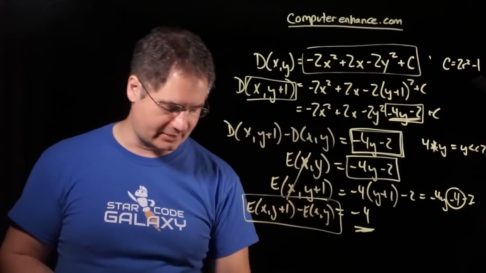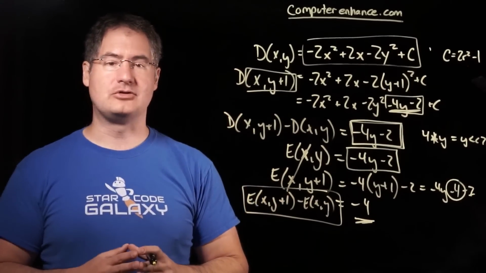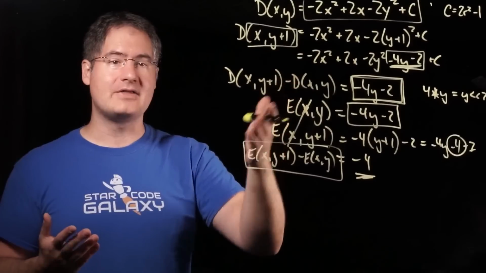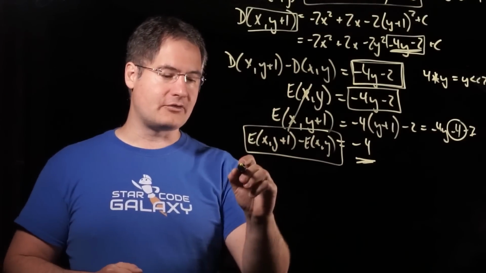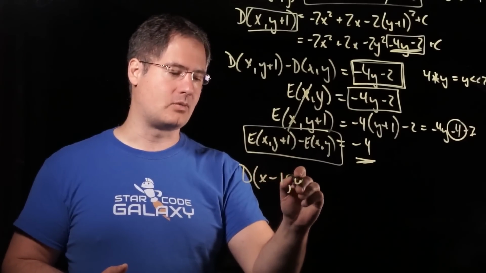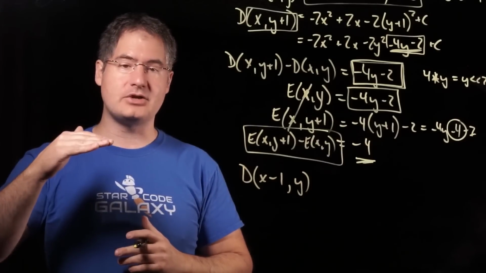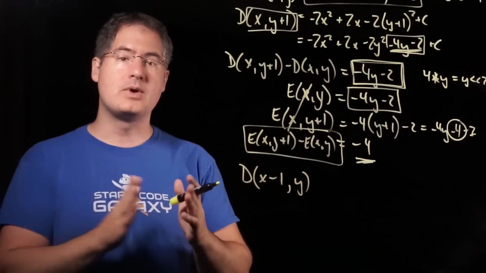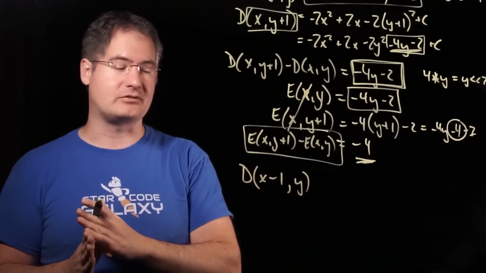Now, it may come as no surprise that the exact same procedure can be used to do this for x. Because if we could do this for y, there's no reason we can't do it for x minus 1. So if we say, all right, what is d of x minus 1, y? That will tell us what to do if, when we look at our d value, we find that we actually do want to move to the left because it's less than 0. We now need to update our d value for the next step to account for that x motion.